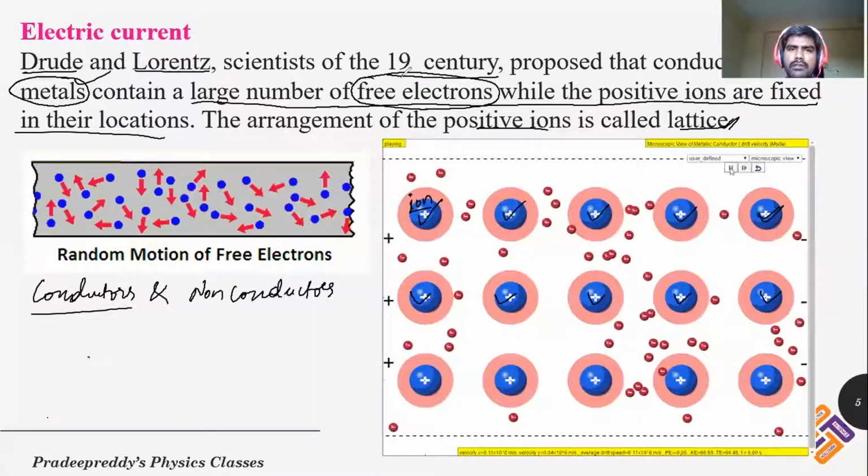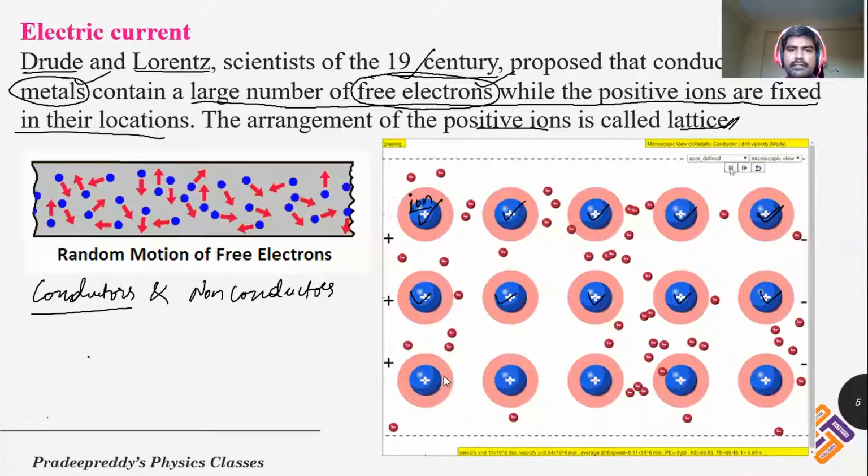The free electrons are responsible for electric charge to flow, and for electrical energy flowing in the conductor. If there are no free electrons, then it does not transfer any electrical energy. So those materials which have abundant free electrons are called conductors. They allow electrical energy to pass through them.